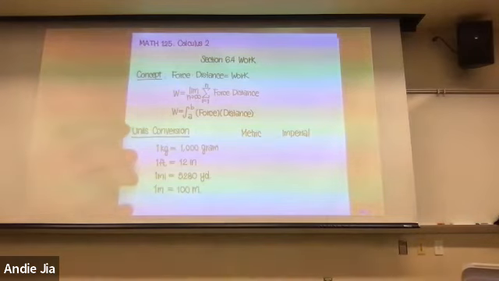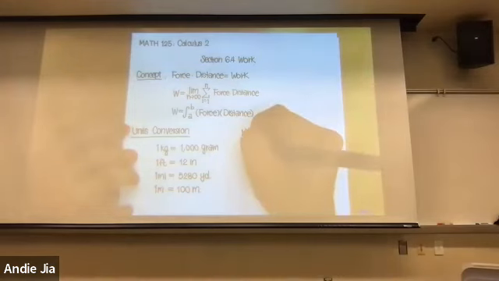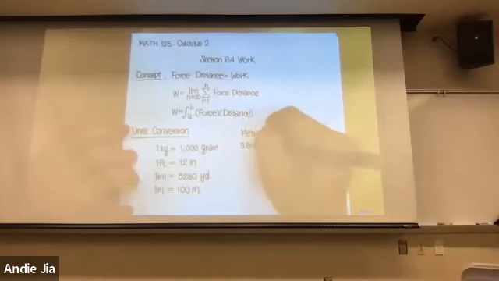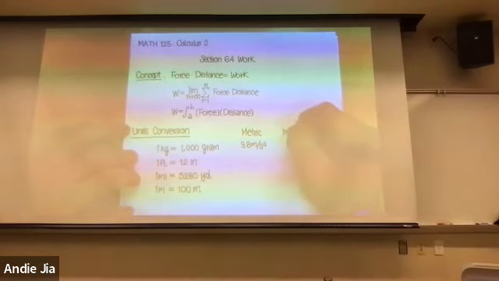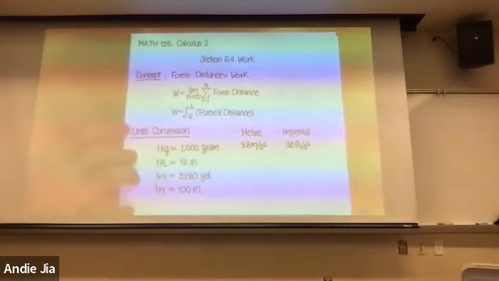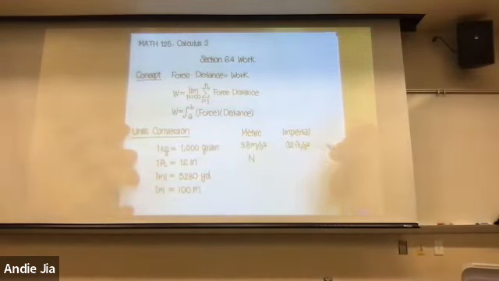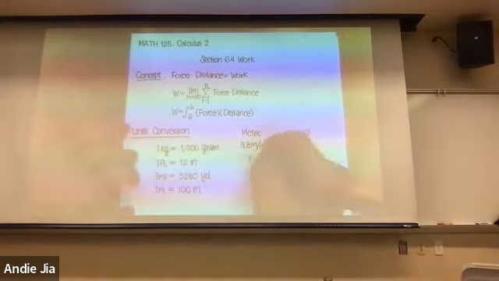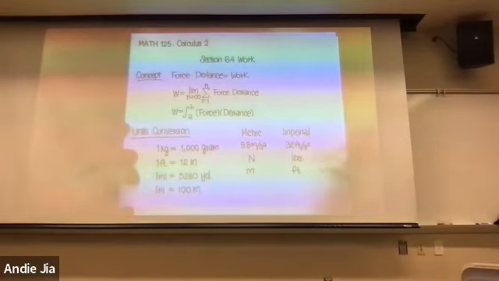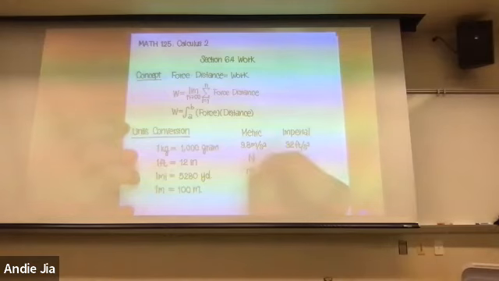In metric, a kilogram has acceleration 9.8 meters per second squared. In imperial, feet, 32 feet per second squared. The force is in Newtons or pounds, distance in meters or feet, and the work done is in joules or foot-pounds.